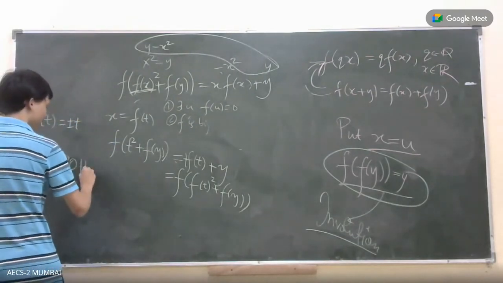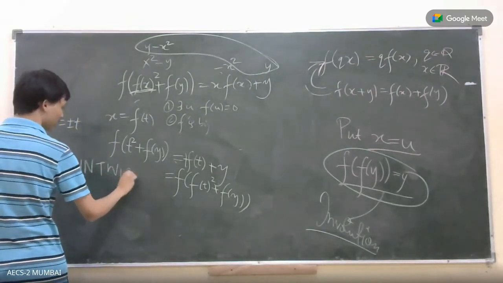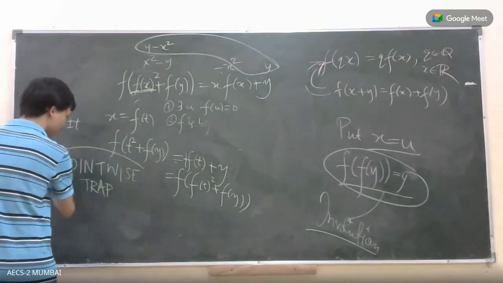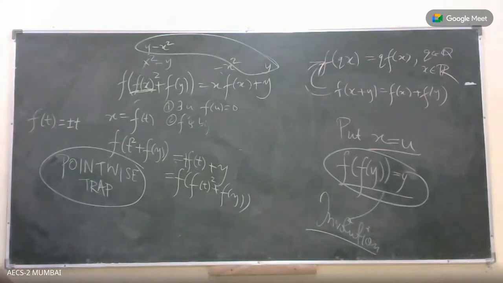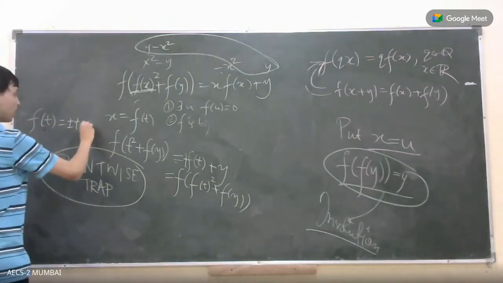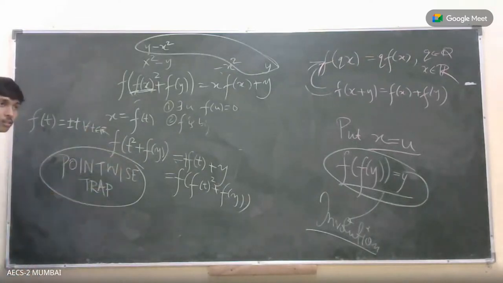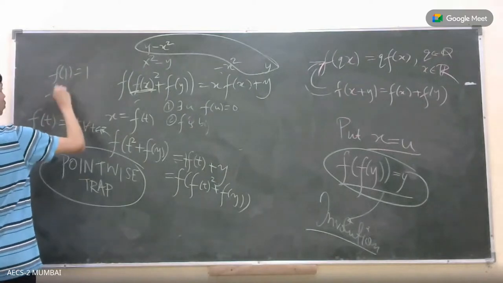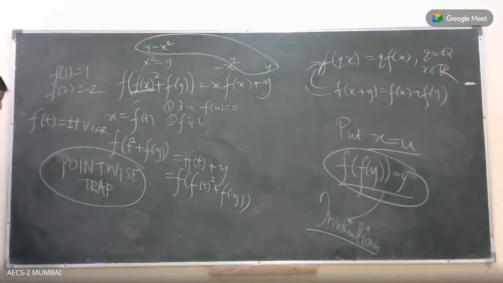So this is another very dangerous mistake in functional equations called the pointwise trap. What does a pointwise trap mean? I proved f of t equal to plus minus t for all t in R. But who prevented f of 1 equal to 1, f of 2 equal to minus 2? I can have this, right?